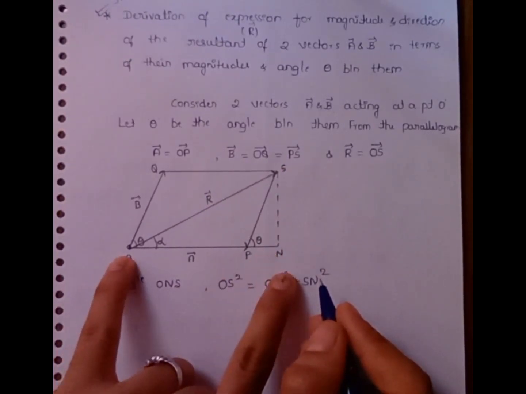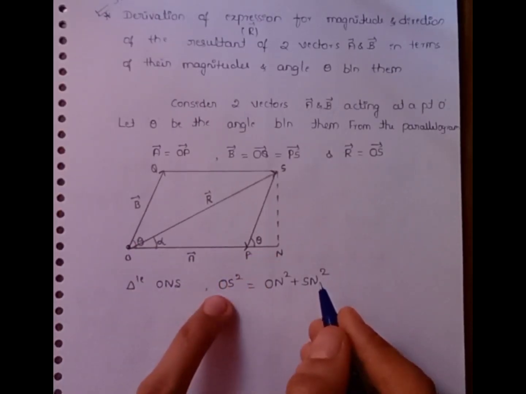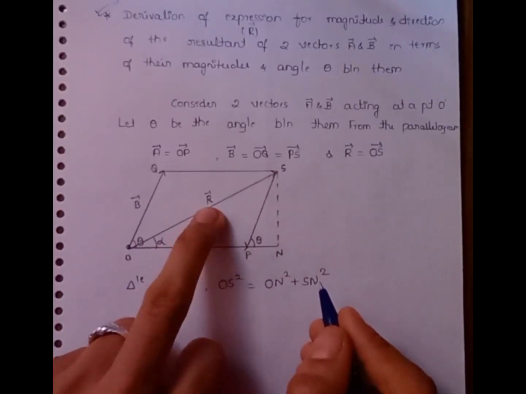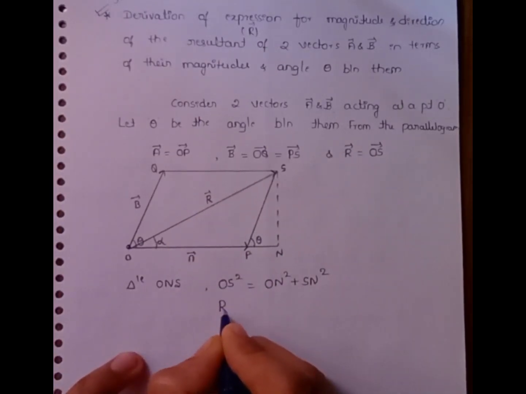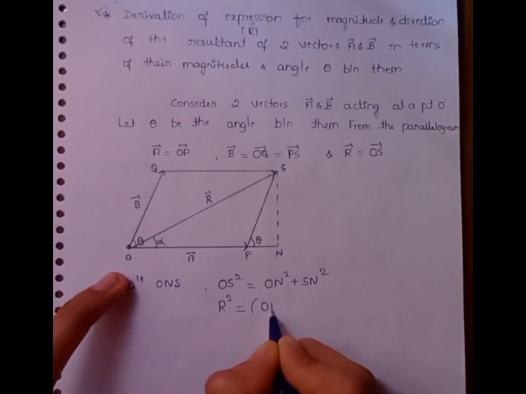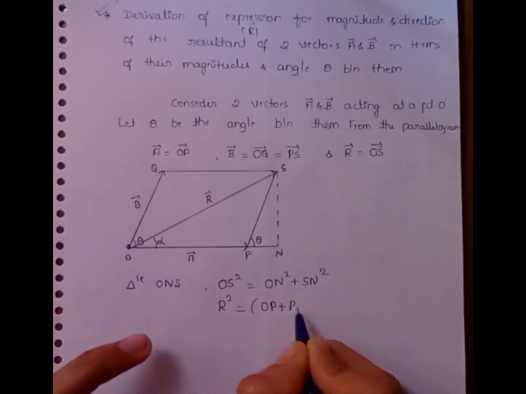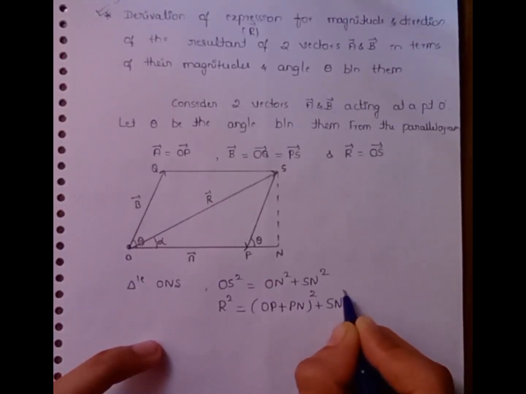But ON can be written as OP plus PN. And OS means resultant R, so OS square can be written as R square is equal to ON square, means OP plus PN whole square, plus SN square.